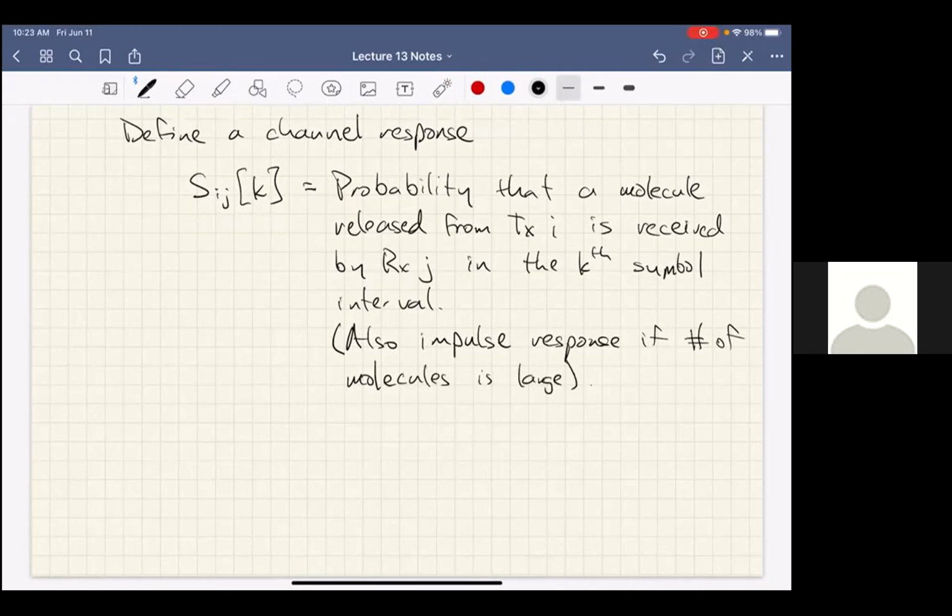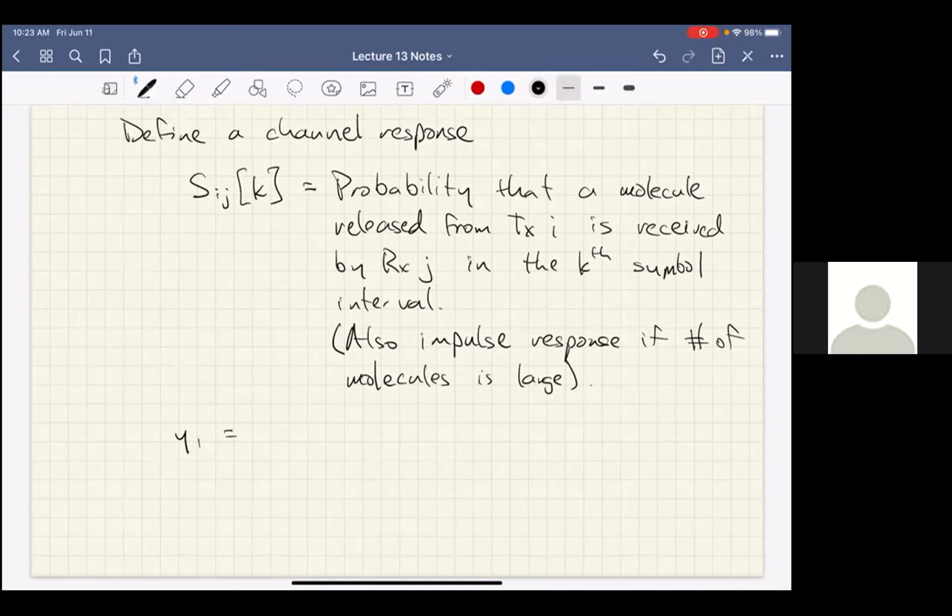So this lets us set up our MIMO matrices. What we'll end up with is, if I consider the expected number of molecules arriving at antenna 1, I'll just write the number and make the expected value implicit.